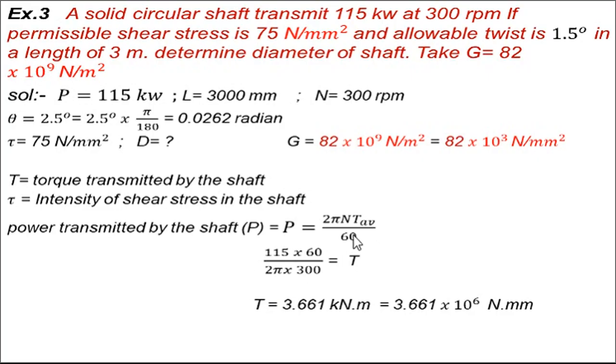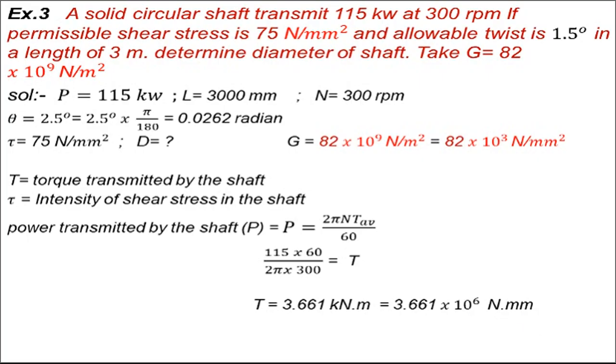So use this equation and determine the torque, capital T. After solving this, we'll get the torque 3.661 kilonewton meter. This value you can convert into newton mm by multiplying by 10 raised to 6, so we get 3.661 into 10 raised to 6 newton mm.